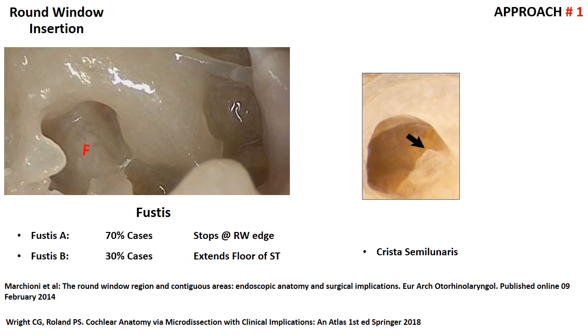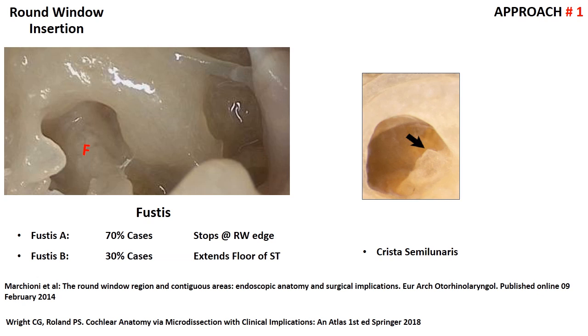Just at the same time, Wright and Roland in 2018 in the Atlas showed the crista semilunaris inside the scala tympani at the floor of the basal turn of the scala tympani. Whether this represents fustis B or not, we have to discuss it in detail later.